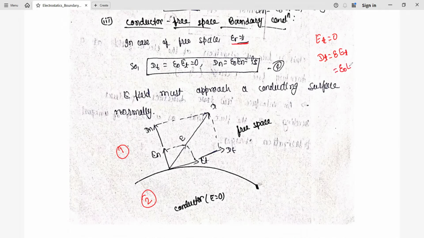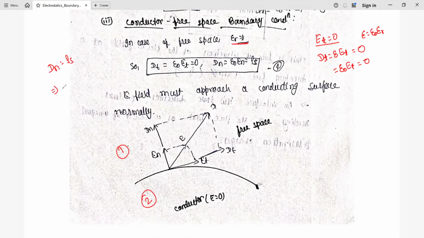Epsilon naught into Et, since here relative permittivity is equal to 1 and epsilon is epsilon naught into epsilon r. Okay. So Et is 0. So that's why the tangential component of flux density is also equal to 0. And we have seen that the normal component of the flux density Dn equal to rho s.